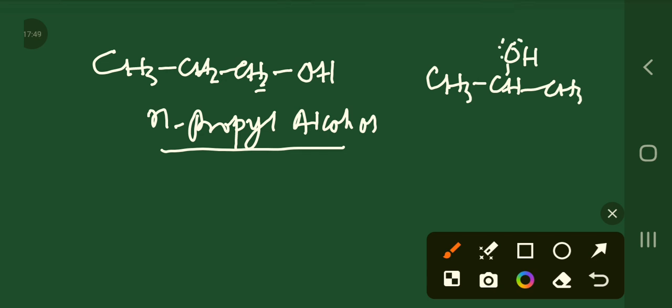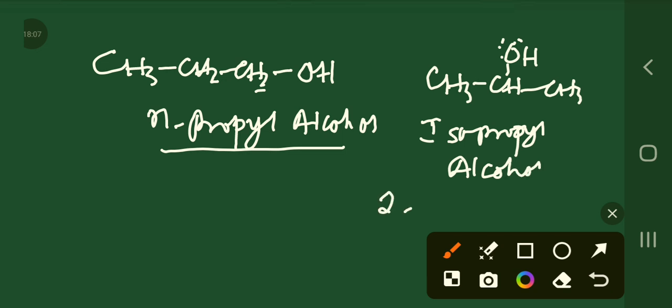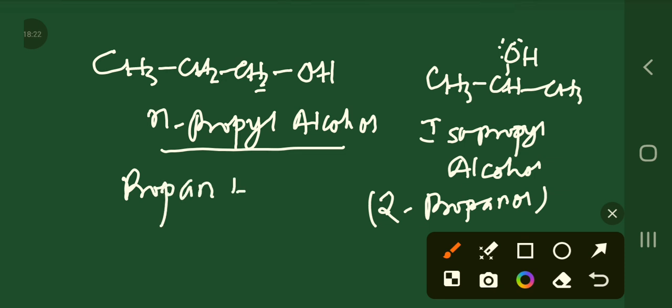Structure arrangements are different, but the number of carbon atoms is the same, so its common name is isopropyl alcohol, and the IUPAC name is 2-propanol or propan-2-ol, and this is propan-1-ol.